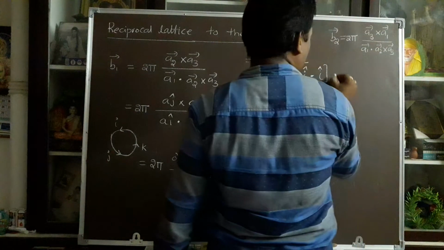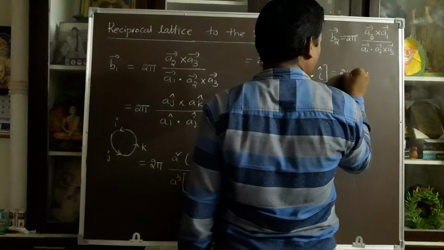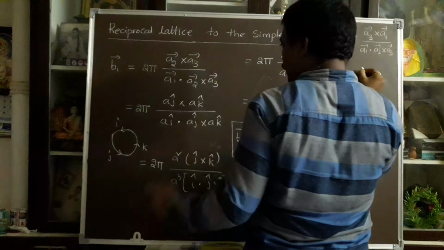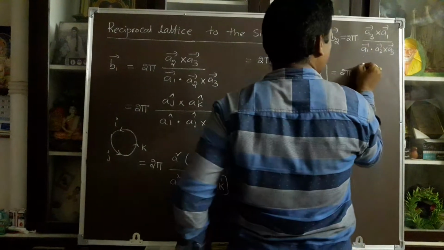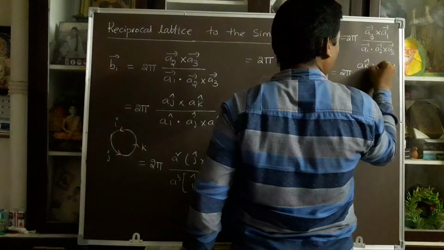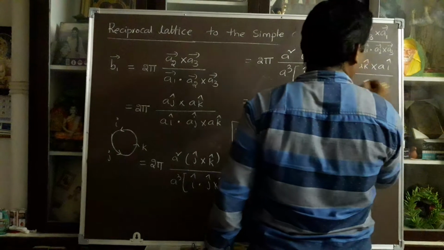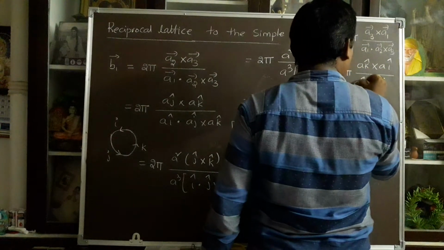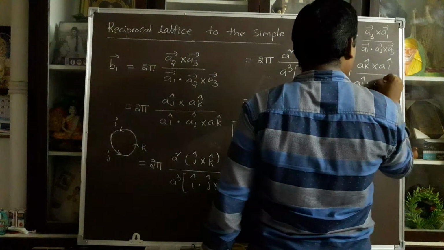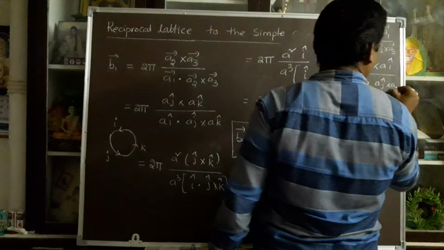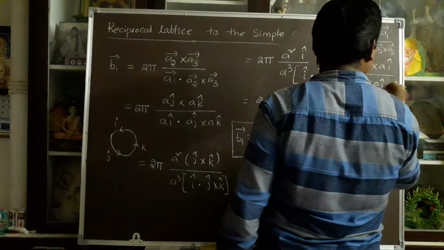So according to the result, 2 pi into a3, which is a k cap, cross a i cap, divided by a i cap dot a j cap cross a k cap.